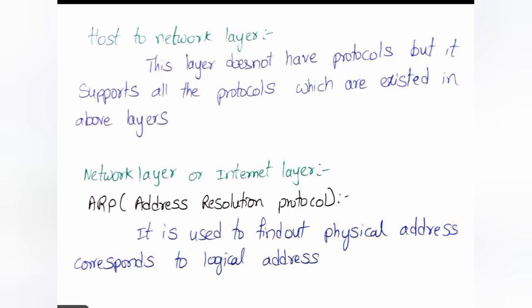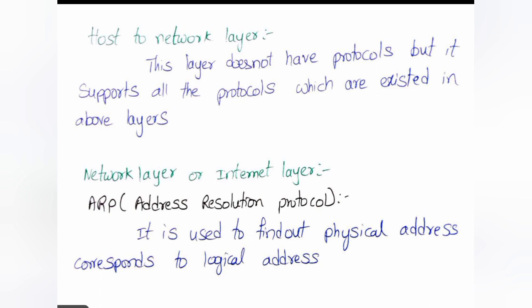The network layer has different types of protocols. The first one is the Address Resolution Protocol (ARP). It is used to find the physical address corresponding to the logical address. Physical address means MAC address and logical address means IP address. Each device has an IP address and a MAC address.